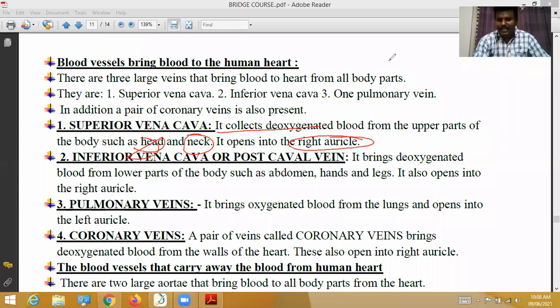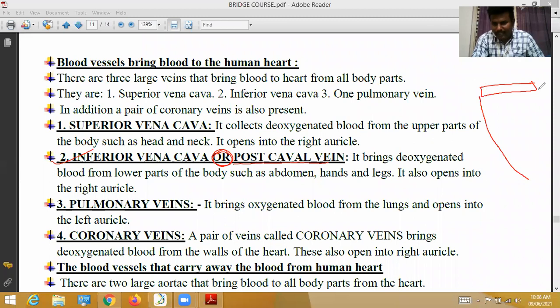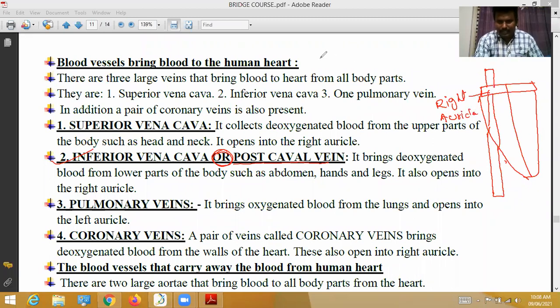Next, the inferior vena cava, also called the postcaval vein, is connected like this way, and from the back side it opens into the right auricle.